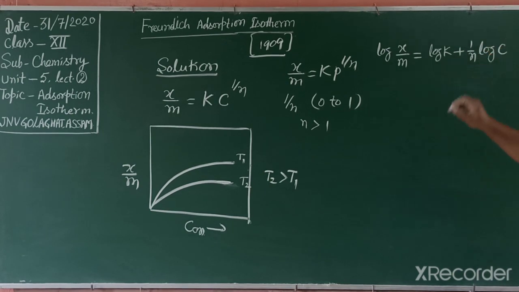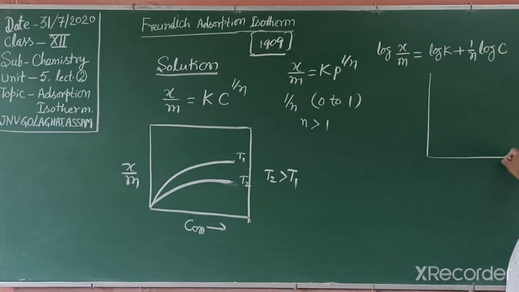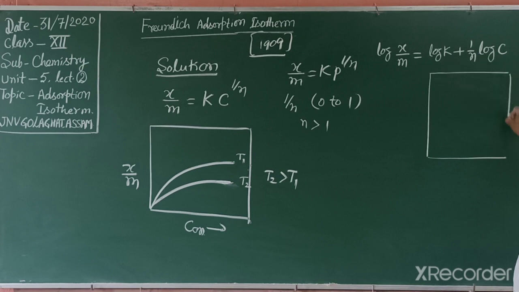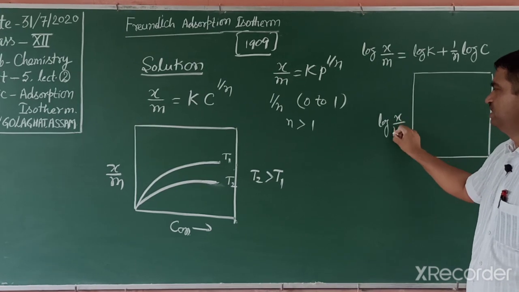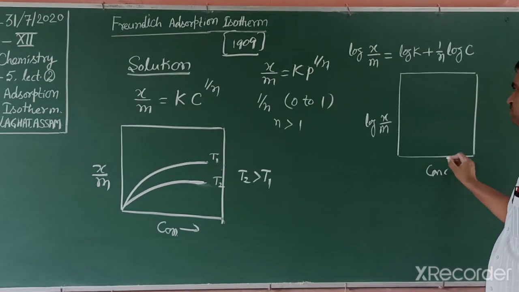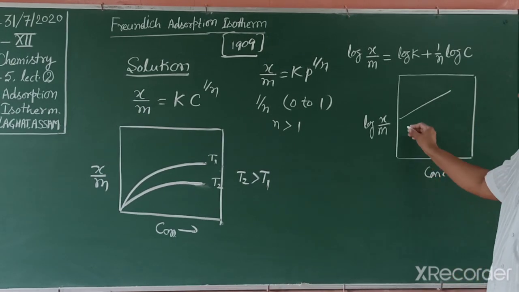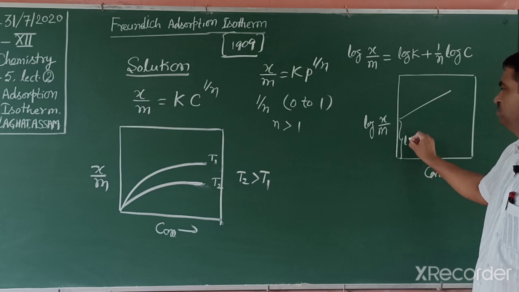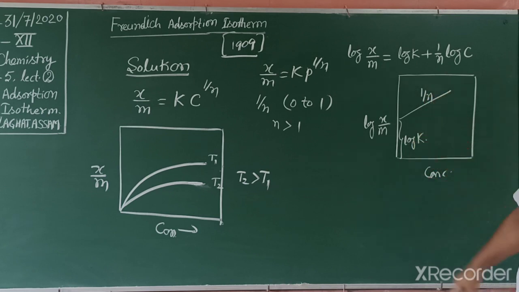If we plot that curve in solution, then you can see its value log x by m and log concentration. So this is a straight line, and this value indicates intercept log k, and this slope 1 by n.